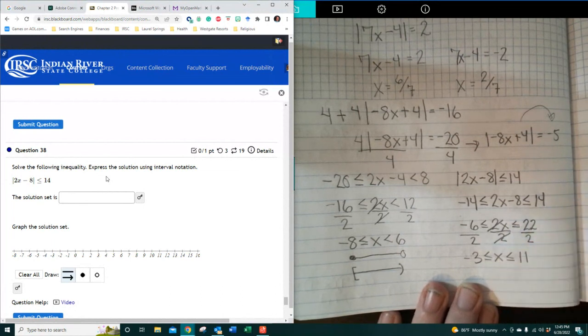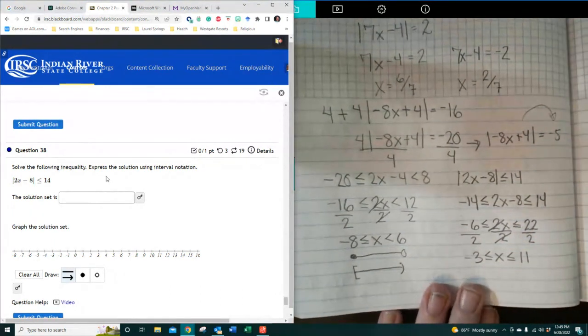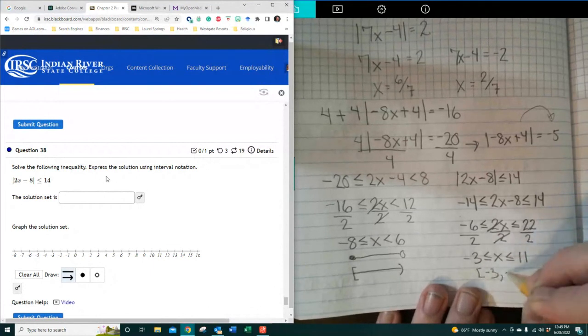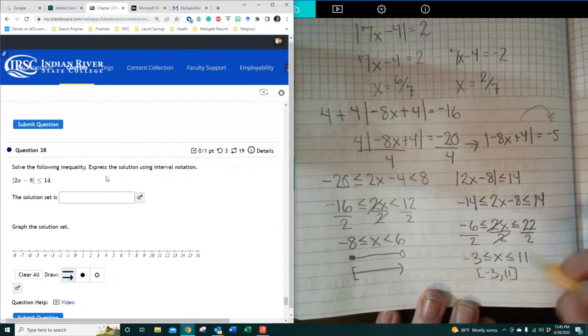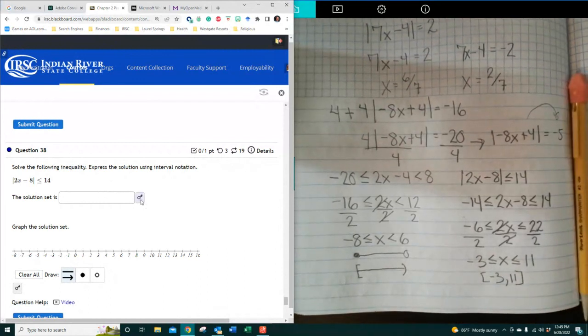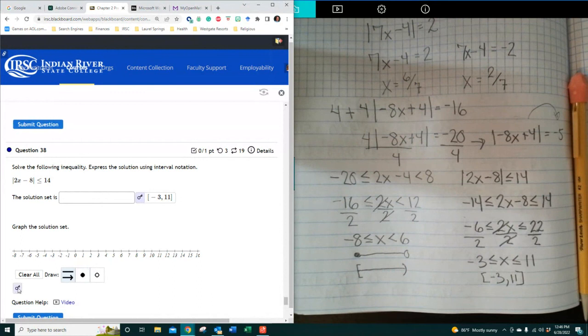And here we have our answer. All right, so we would just go ahead and put bracket -3, 11, and then go ahead and answer it. And then of course there would be closed circles at both those values.